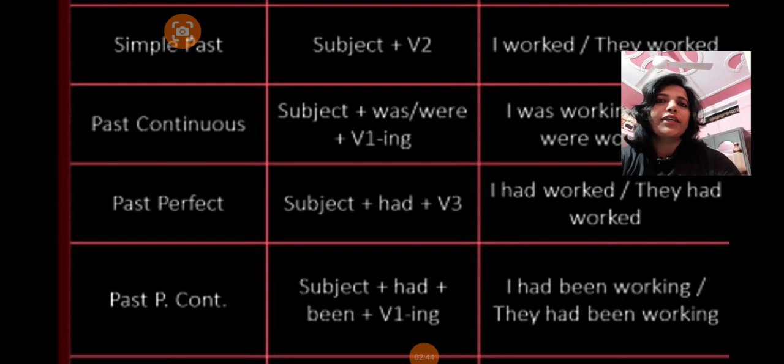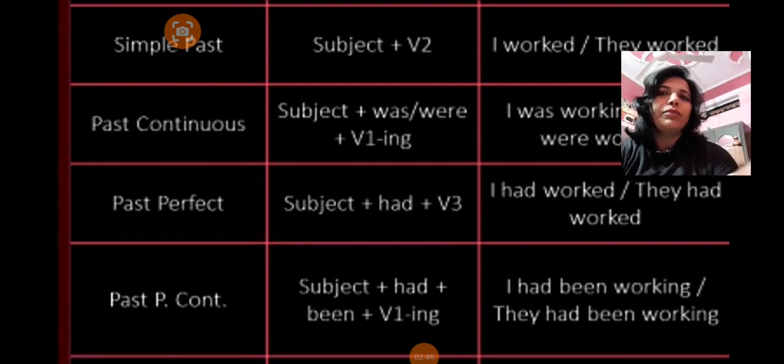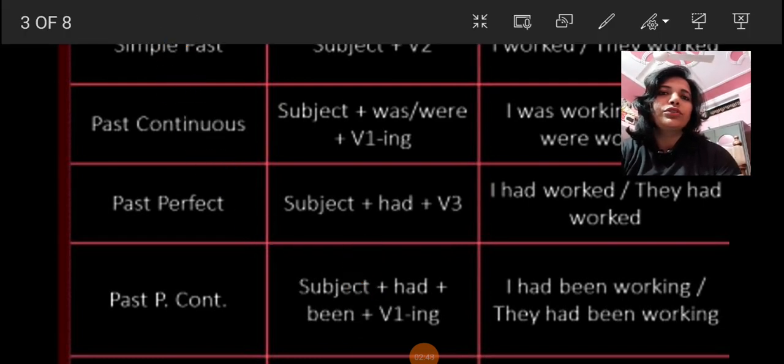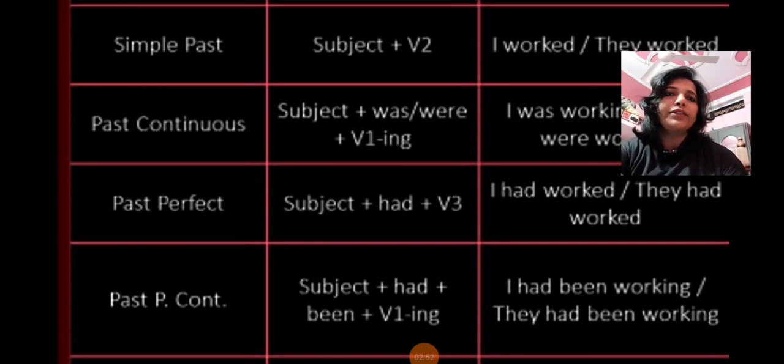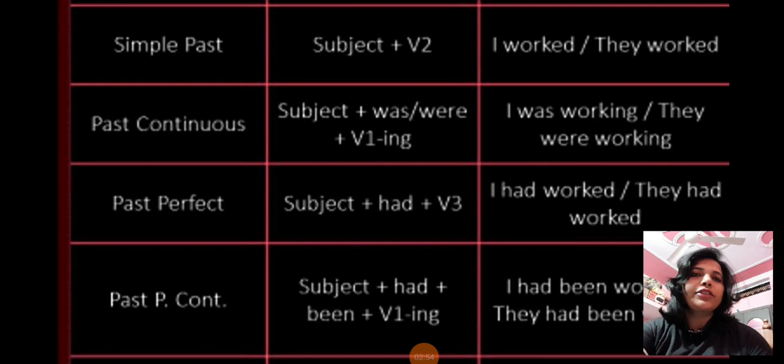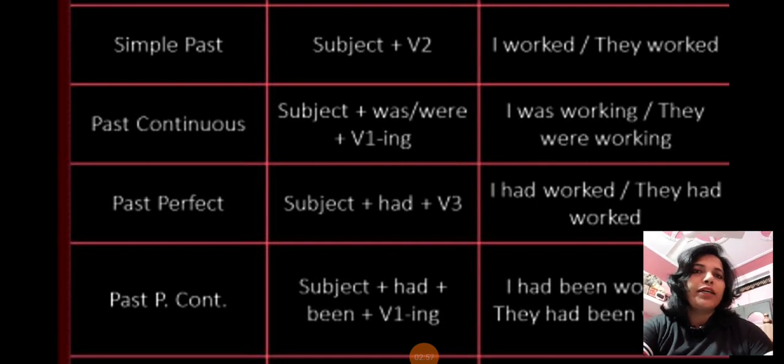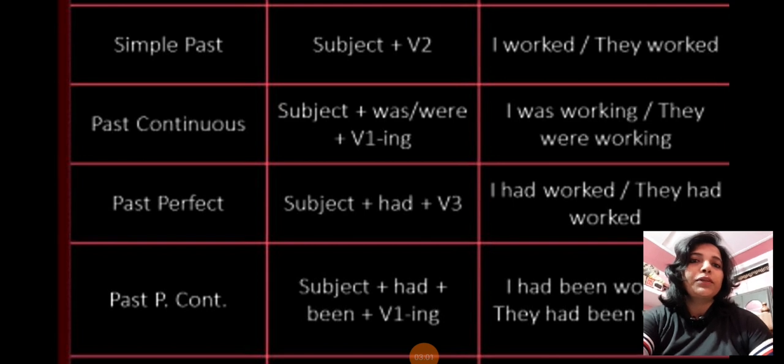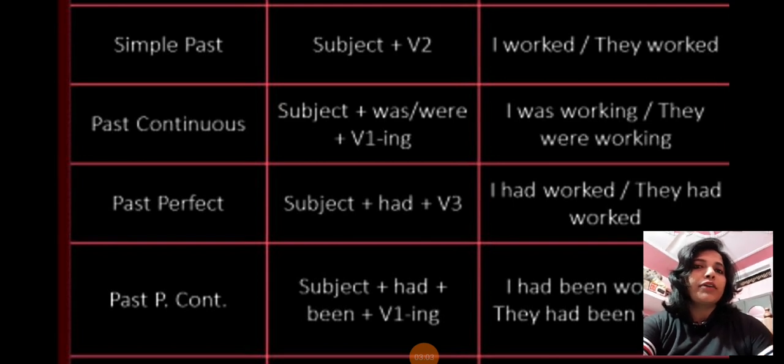In past tense, again there is the same formula. You have to use simple past. In simple past, there is a subject plus verb's second form, like I worked. For that, one thing you need to do for this particular chapter, you have to memorize verbs' first form, second form, and third form.